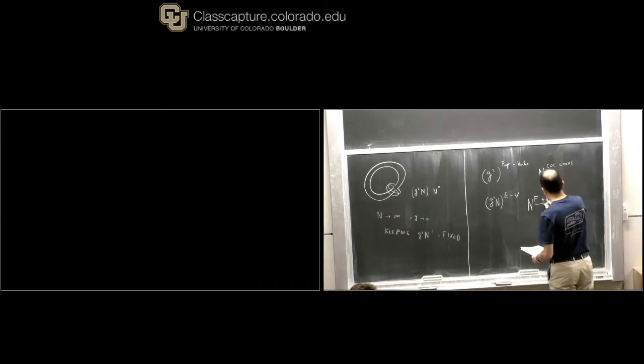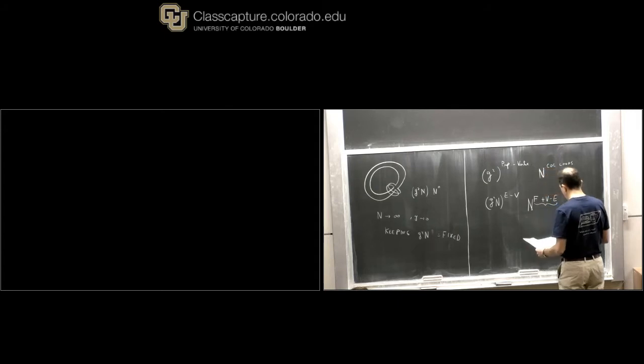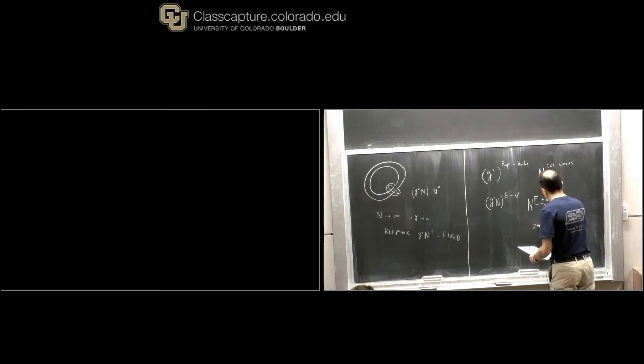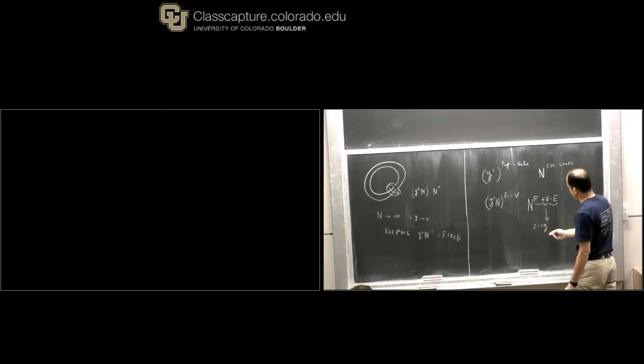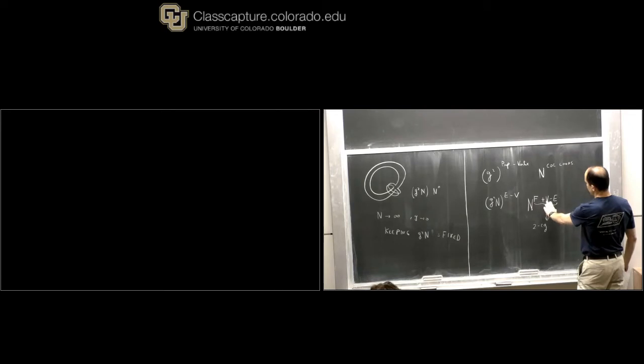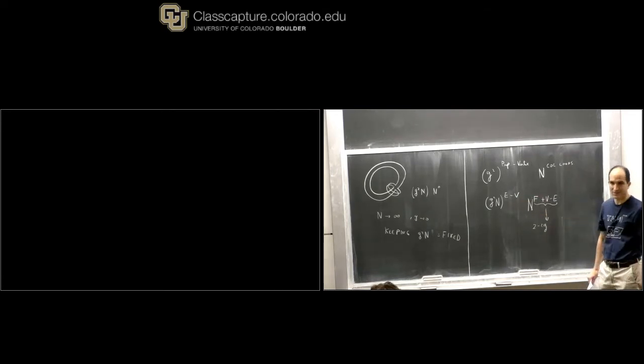And then what we find here is that this particular combination is related to the Euler characteristic. So it is equal to the Euler characteristic of the surface, which is 2 minus 2g, where g is the genus. So for example, when g is 0, faces plus vertices minus edges gives always 2, okay?